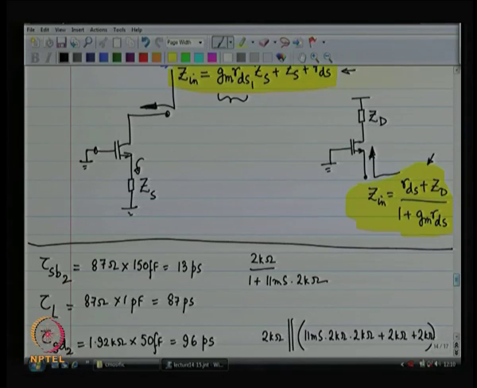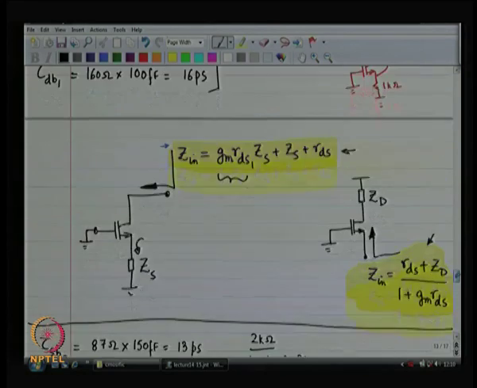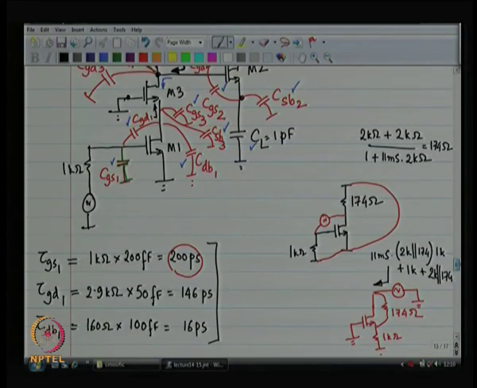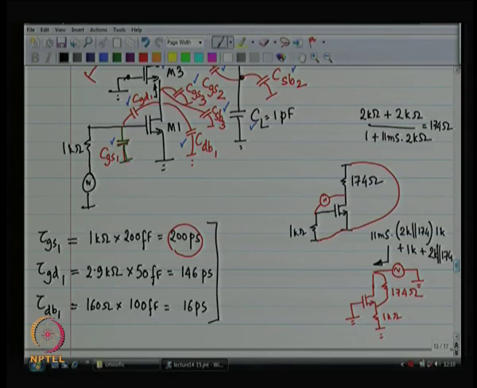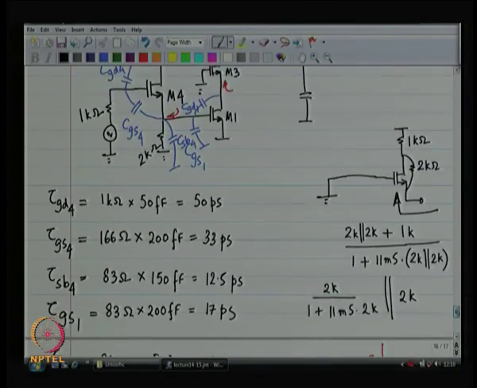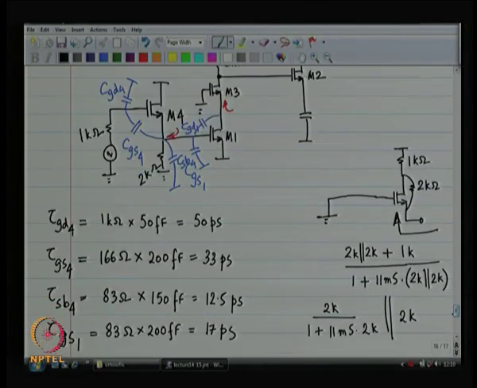Load remains the same. Source to body of device number 2 remains the same. Gate to source of device number 1 has already been accounted for. Gate to drain of device number 1 has already been accounted for. Drain to body of device number 1 is not really going to change.